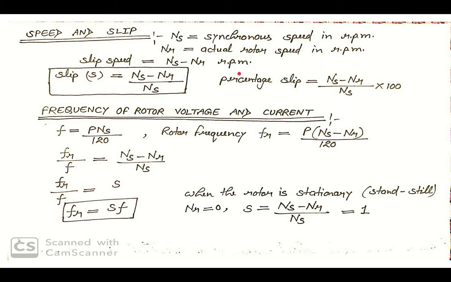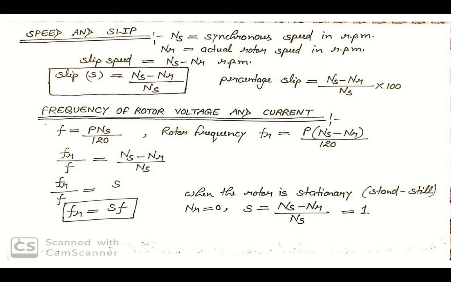If we are talking about slip, then slip is represented by s, and we have a formula for slip. s is equal to (ns minus nr) upon ns. This is the formula for slip, and here slip is in per unit.